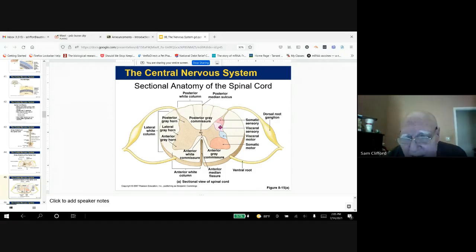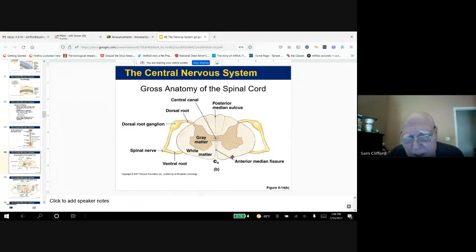All that's somatic sensory. Visceral sensory is information from your bladder, from your information that automatically is adjusted, and we'll get into the autonomic nervous system coming up.